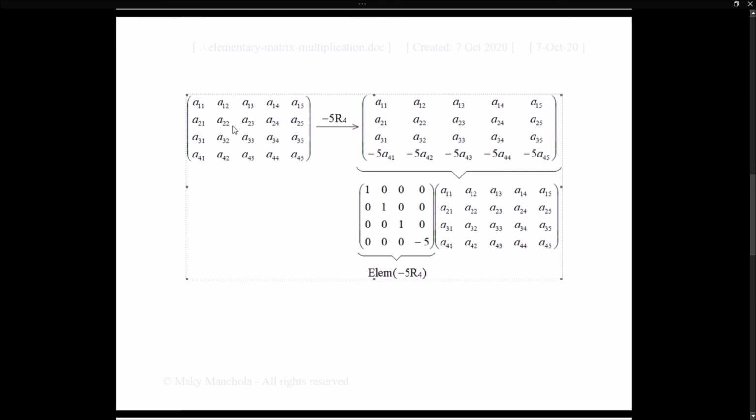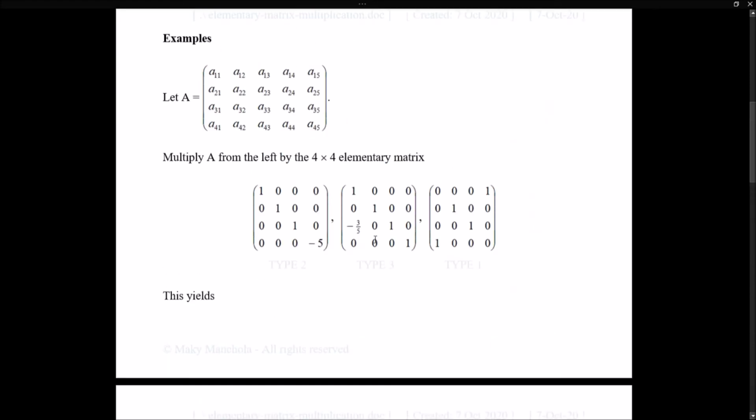In the first case, multiplying the fourth row of A by -5 produces the same result as multiplying matrix A from the left by our first elementary matrix.